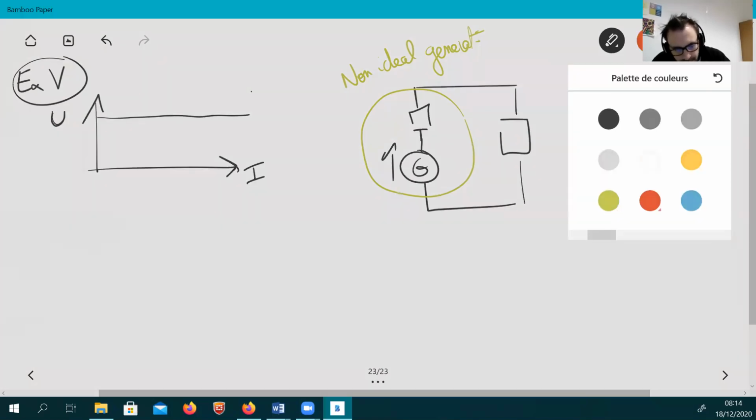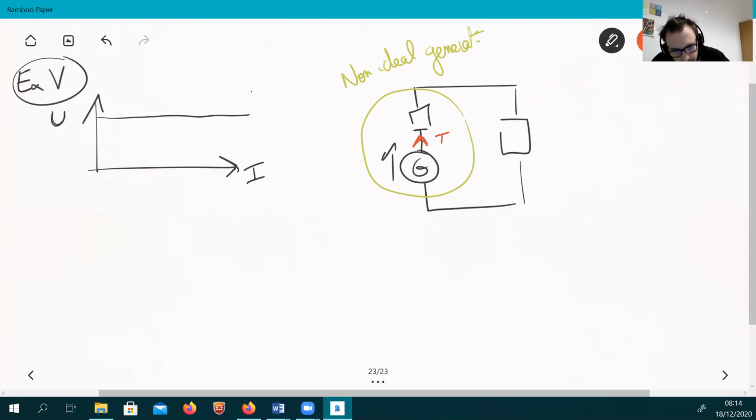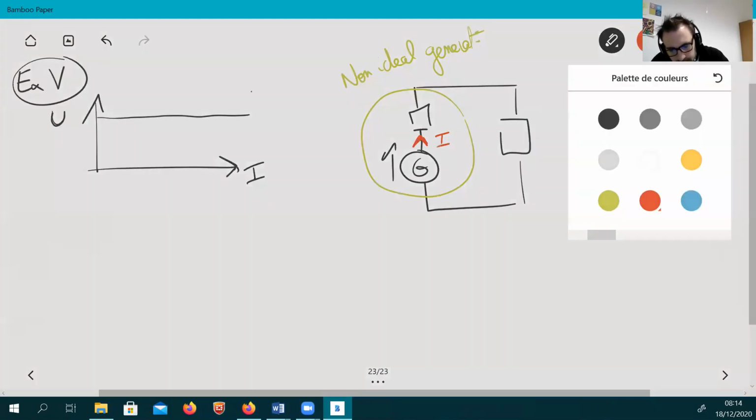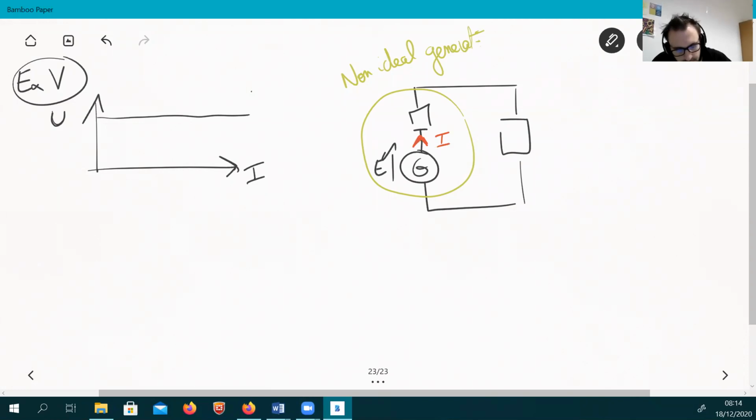So if now you introduce a current, this voltage generator has some electromotive force E and an internal resistor small r, then using the receptor convention, you have something like this.